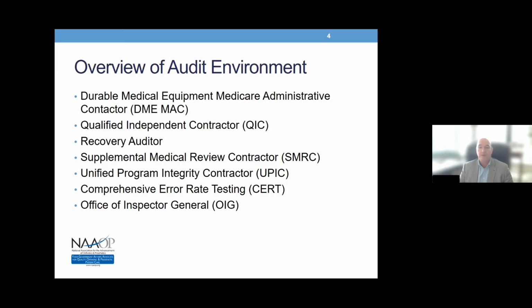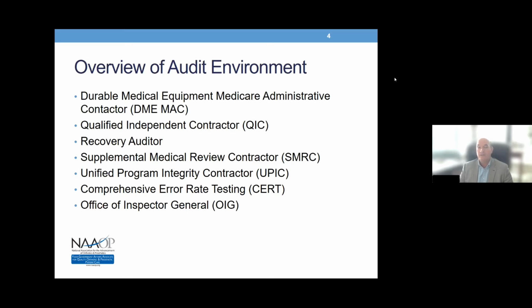In addition, there are CERTs, the Comprehensive Error Rate Testing Contractors. These are the entities that determine error rates for various types of providers. So the error rate for inpatient rehabilitation hospitals versus the error rate for home health agencies versus the error rate for prosthetic and orthotic providers.